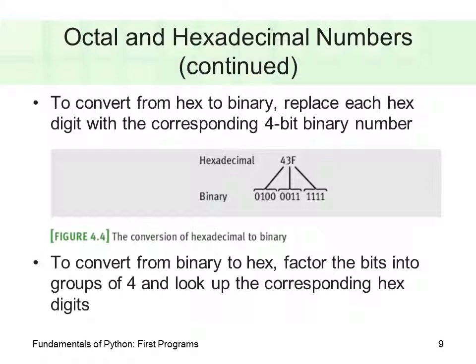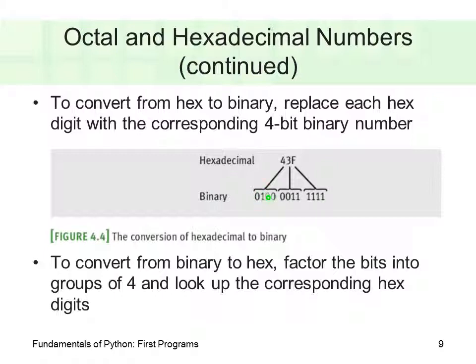Okay, same thing with hexadecimal. It's actually quite easy to convert from hex to binary or binary to hex. In this case, we use groupings of 4 instead of groupings of 3. So we replace each hex digit with the corresponding 4-bit binary number. So in this case, for instance, we have hexadecimal 4, and remember you have to do this in groups of 4. 100 is 4, but remember, to make the group, you have to have a leading 0.